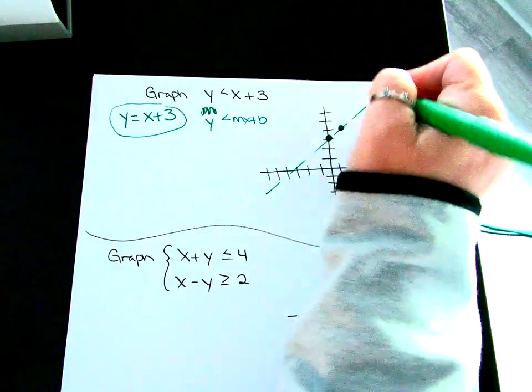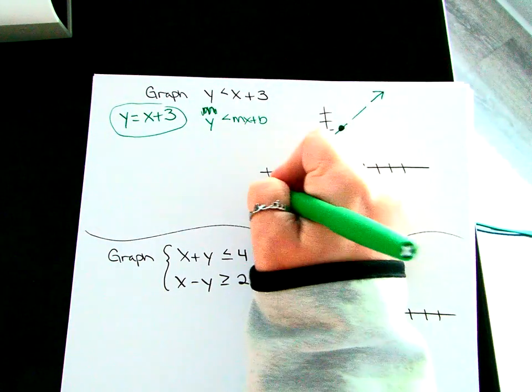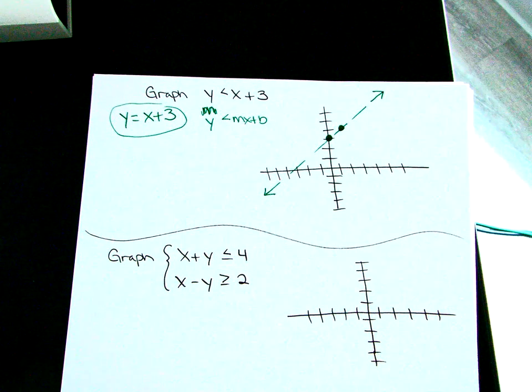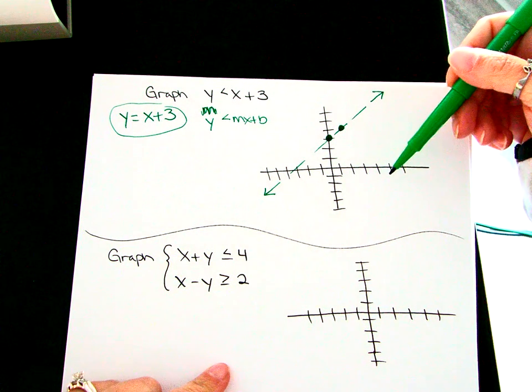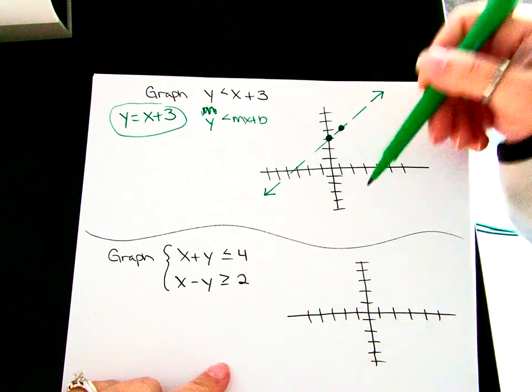Okay, so I've graphed the linear inequality, used my dashed line. Now is when we will do our test points. So notice we have up here and down here, kind of like we cut it in half-ish.